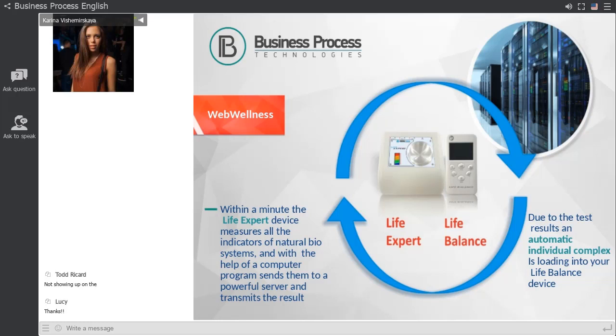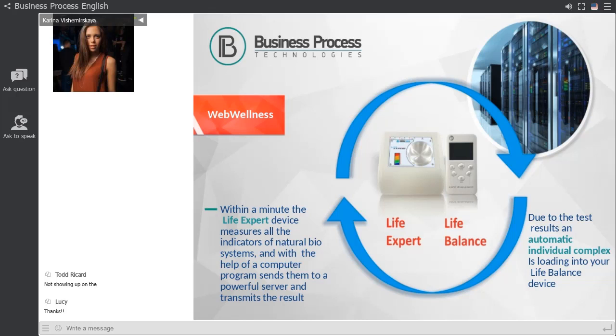So basically, to come to a conclusion, I want to talk about WebWellness, about its importance for us nowadays as some sort of highly intelligent health product. Just having this small machine, Life Expert or Life Expert Profi, and the other one which is even smaller, the Life Balance device for treatment, within a minute we can do a rapid test measuring everything we were talking about for almost 1 hour already.